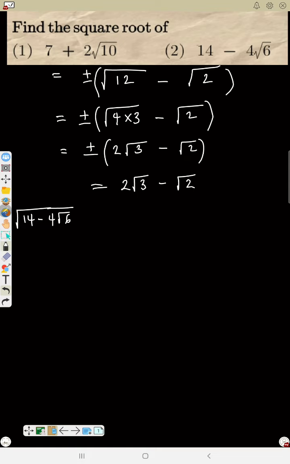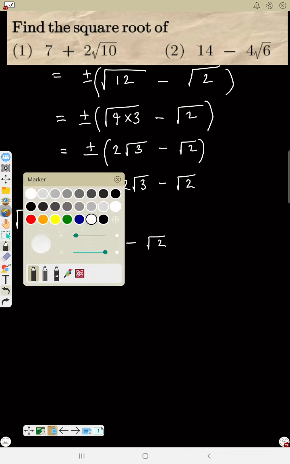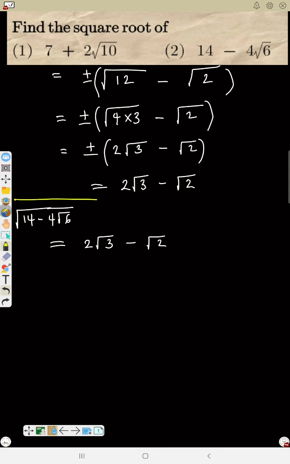So that means this is equals to 2 root 3 minus root 2. Answer. So this is the answer, the same result as the long method.